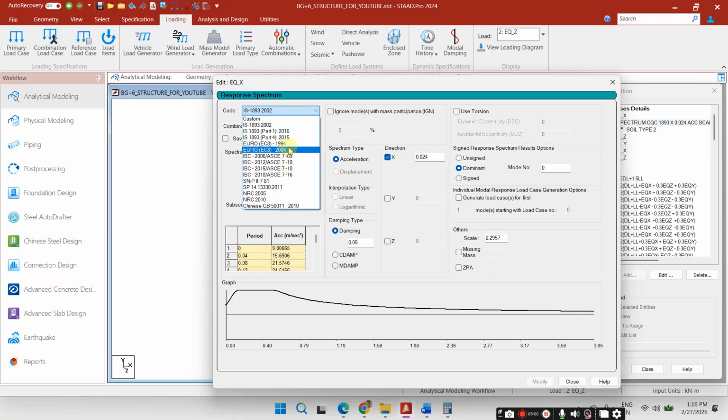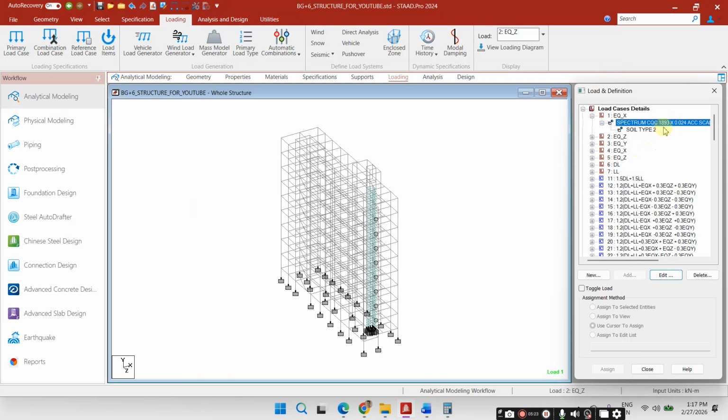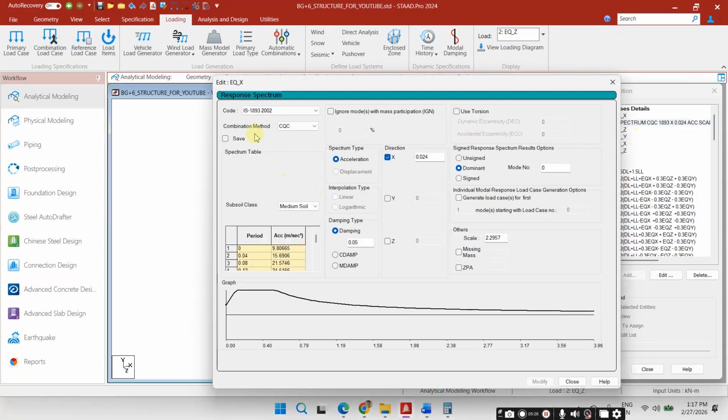It is now available in IS 1893 Part 1 2006, and in this case I have used this. This is 1893 2002 CQC. You can use SRSS, and here this is the acceleration from the acceleration spectrum type acceleration.